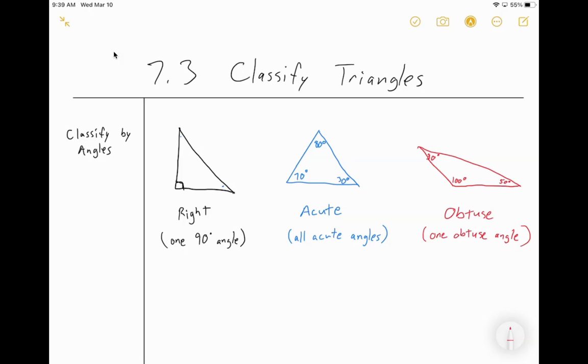So you should be able to look at a triangle and look at its measurements and just say, oh, that's an acute triangle or that's an obtuse triangle. All right, so those are the different ways that we classify triangles by their angles.